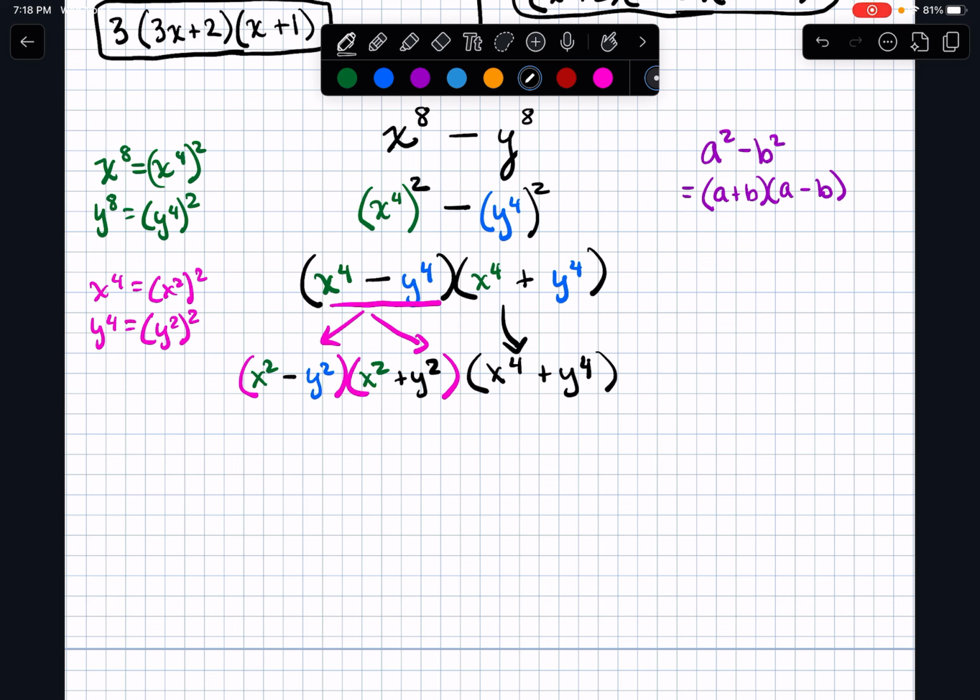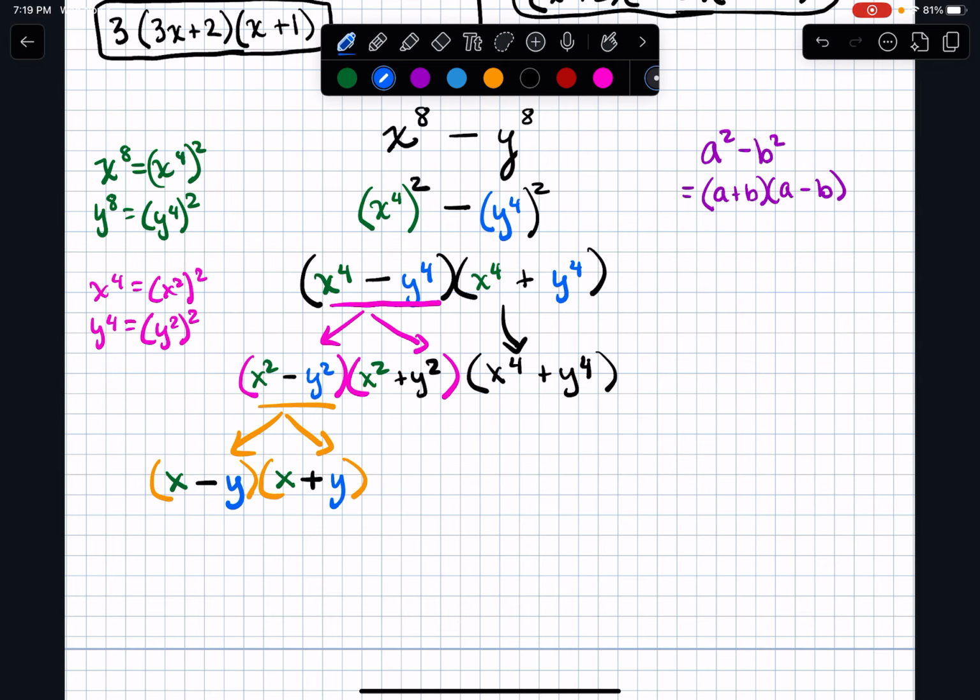So now I've gotten this into three factors. Two of them have addition, so there's no GCF, I can't take them any farther, but I keep having this difference of squares going on. So I'm going to keep splitting up my differences of squares until I can't continue. X squared minus y squared, I know, is x plus y and x minus y multiplied together.